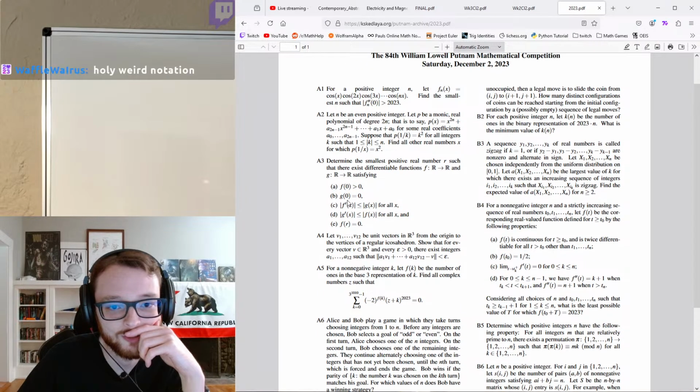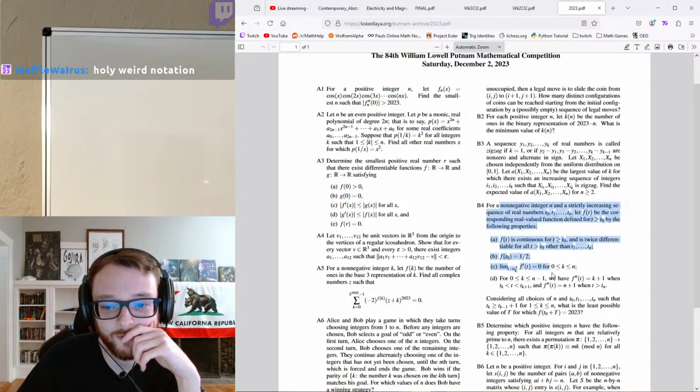Oh, the weird notation. You know, I thought I'd be able to pick out which one you're saying has the weird notation, but these all have some interesting stuff going on.